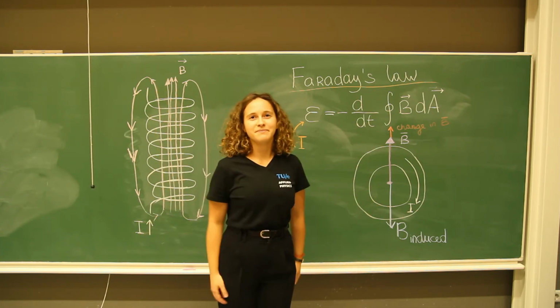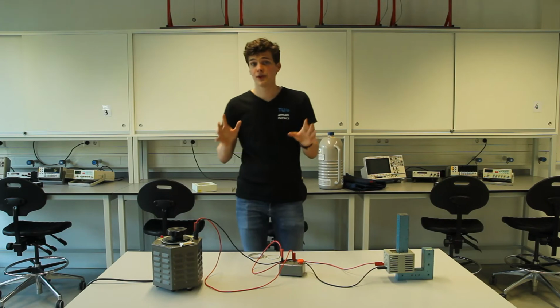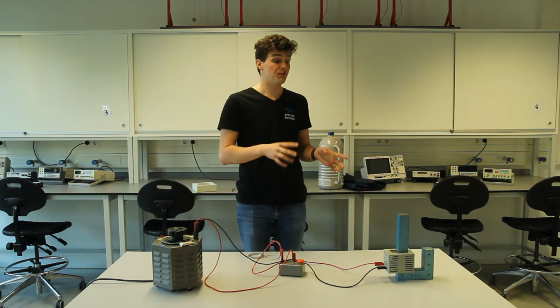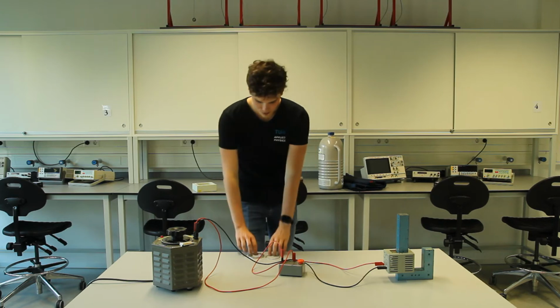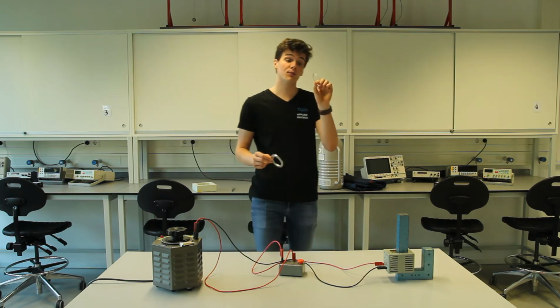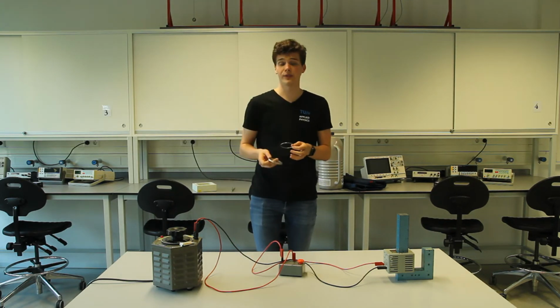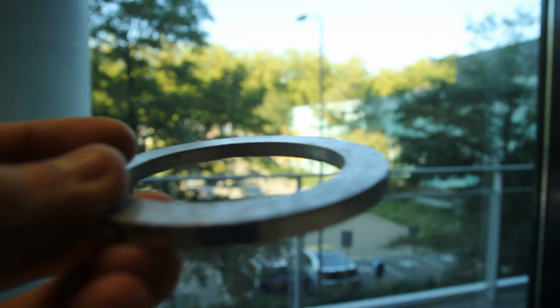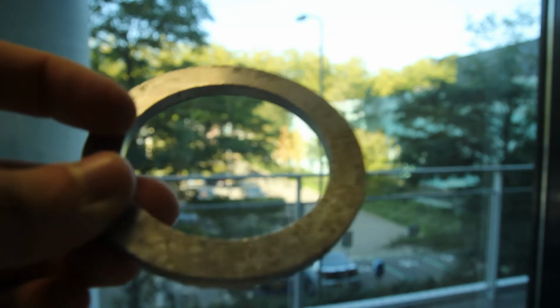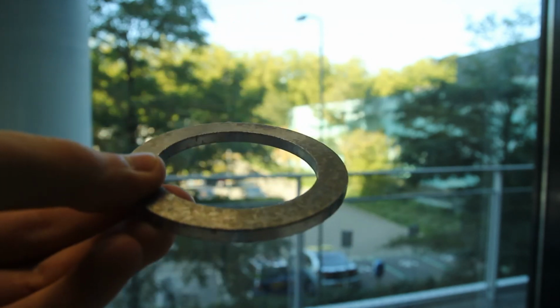Now that we know the theory behind ferromagnetism and Faraday's law of induction, we can do some more experiments. Right here I have the very small ring that I told you about and the very large ring. This small ring is much thinner than the ring I used before in my experiment. And this ring, the large thick ring, is much thicker than the ring I used before.